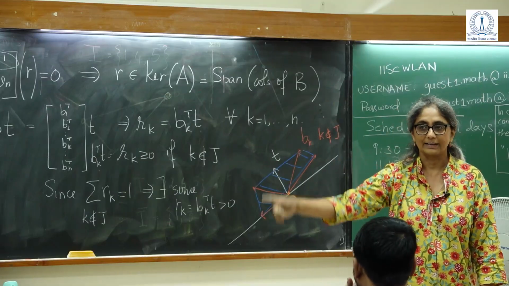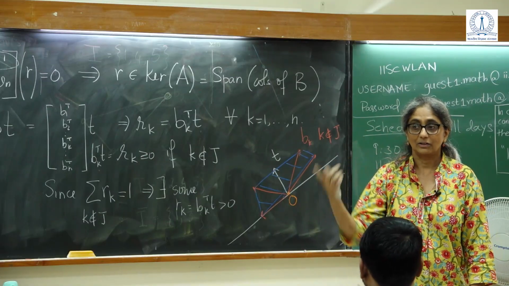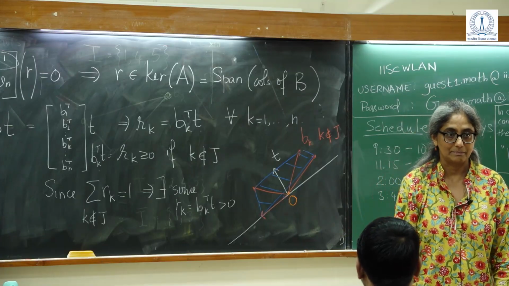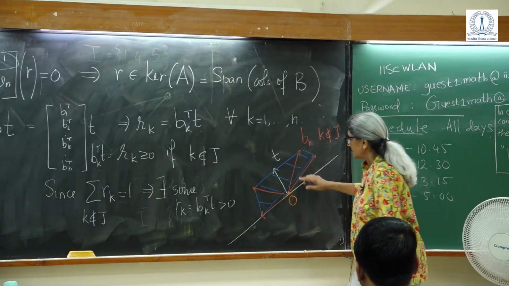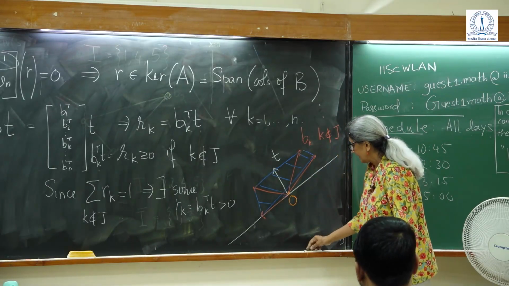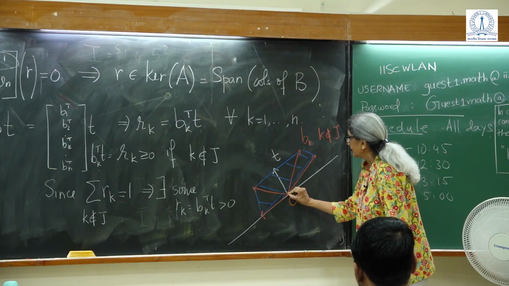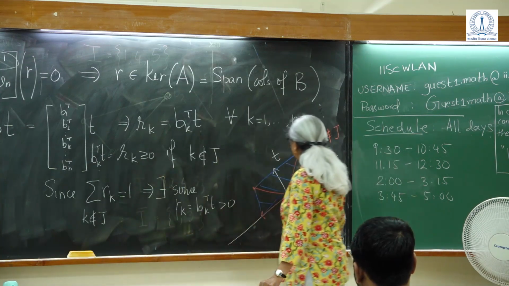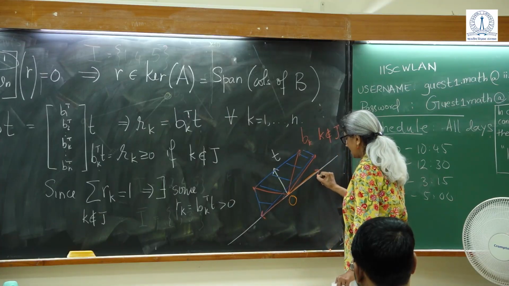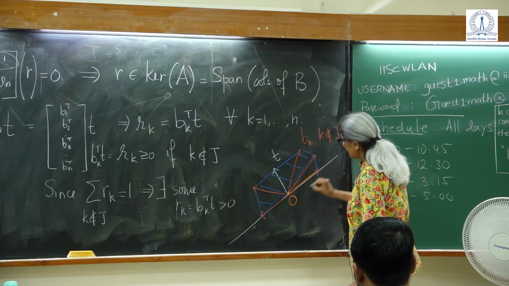Where will 0 lie? On the boundary, right? It has to be on the boundary. The only way I can put 0 in the convex hull of this is if there was something else. There could even have been another BK like this, and maybe I also needed to include that.